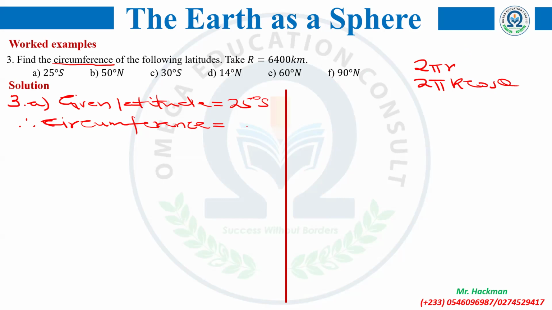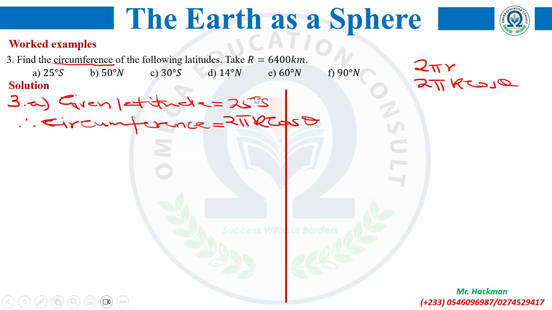So you quote down. It will be 2 pi r cos theta, where theta we said is the angle of latitude. So if you consider this latitude, what is its angle? 25.